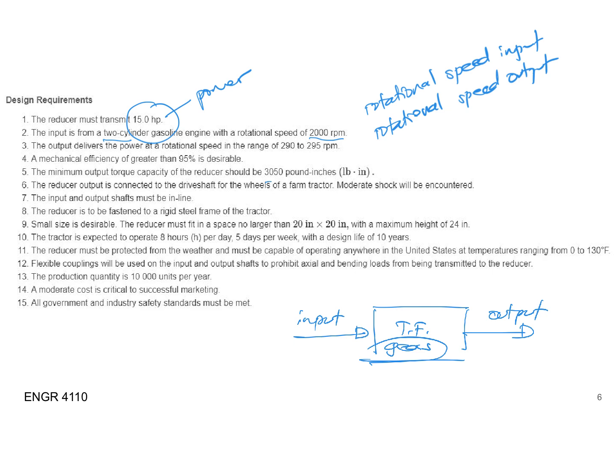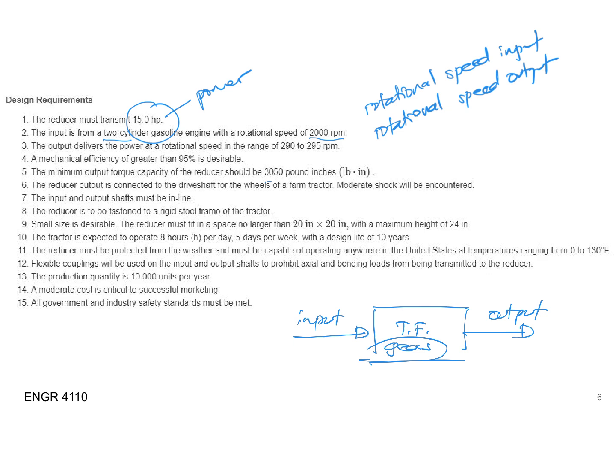As I mentioned the other week, this is an important factor, especially for machine elements that are dynamic or moving. The reducer must be protected from the weather and must be capable of operating anywhere in the United States at temperatures ranging from 0 to 130 degrees Fahrenheit.